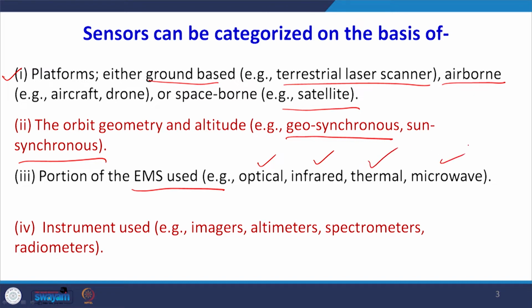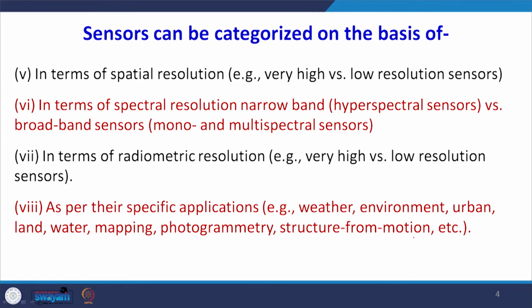So, some sensors are providing us the data in some part or other, so that we can use it for specific analysis and application. Then it could be on the basis of the instrument used, whether we are using imaging instruments, or some altimeter, spectrometer or radiometer to collect the digital data about that particular feature, or we are collecting the reflectance value of that feature.